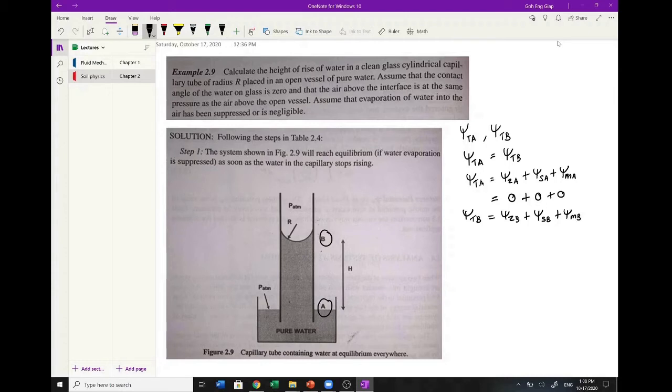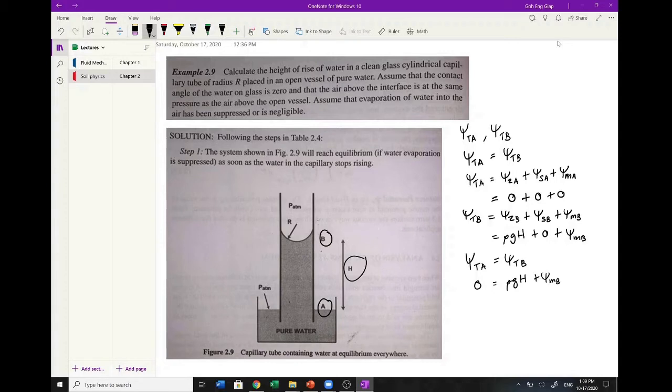Now the gravitational potential at point B is rho G H, the elevation H. Solute, of course there's no solute here, and the metric suction here we can write as W metric B. So we can equate the total potential at A and the total potential at B. Okay, so 0 equals rho G H plus W metric potential, right?